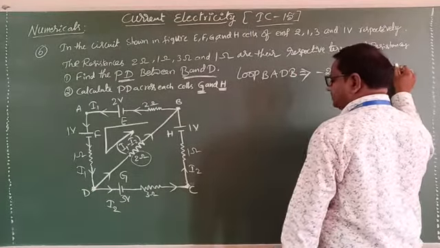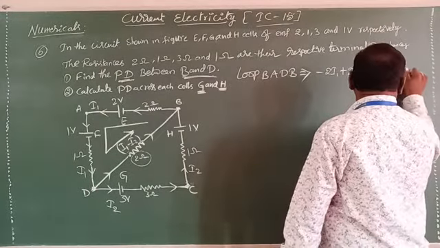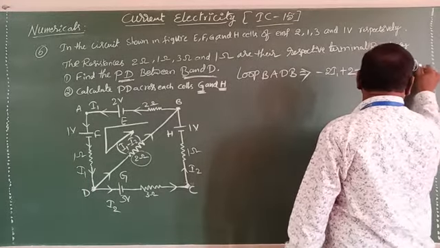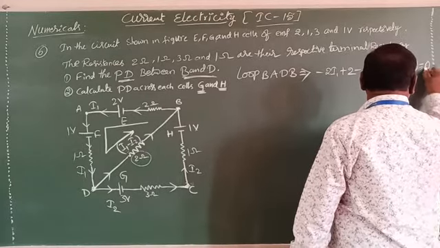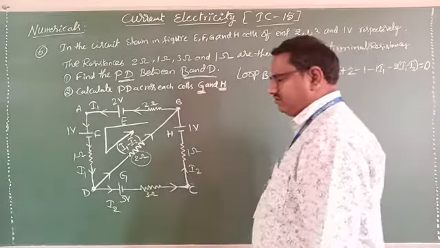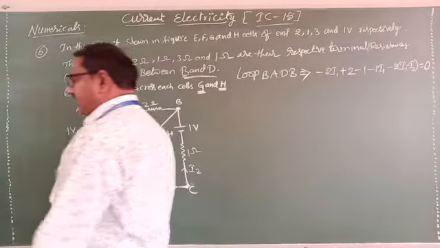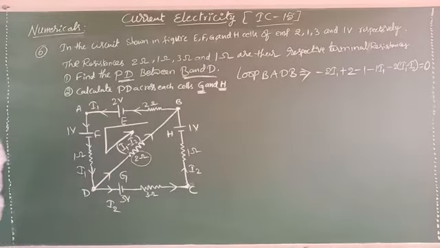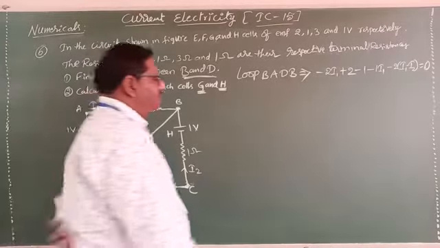Potential minus 2 into I1 minus I2, that equals 0. This is Kirchhoff's second rule. What is Kirchhoff's second rule? The algebraic sum of potentials in a closed loop equals 0. That's all. Now solve this equation.